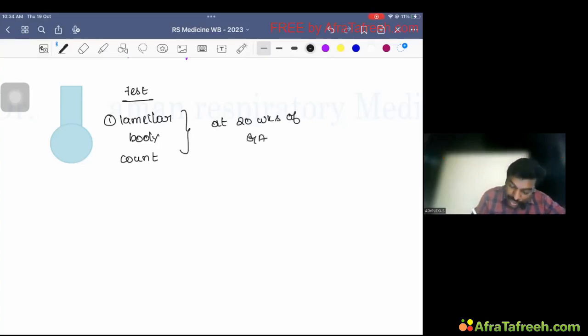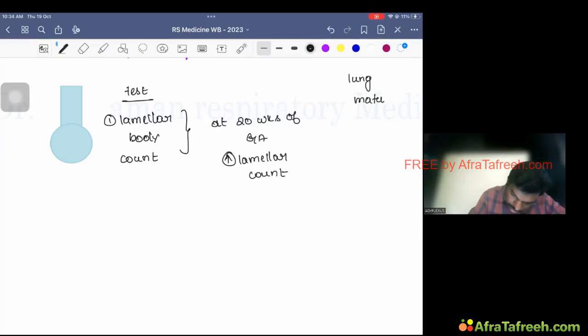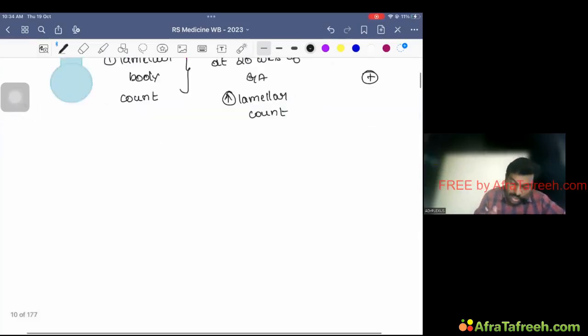If there is an increase in the lamellar count, they don't have any definite numbers, but if an increased lamellar count is present, then it means lung maturity is present.